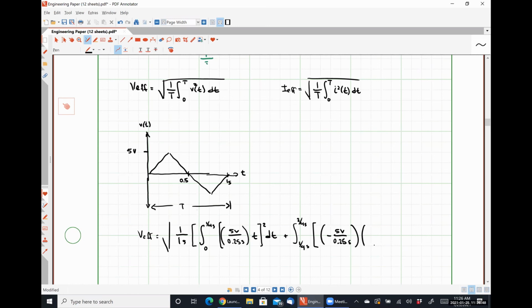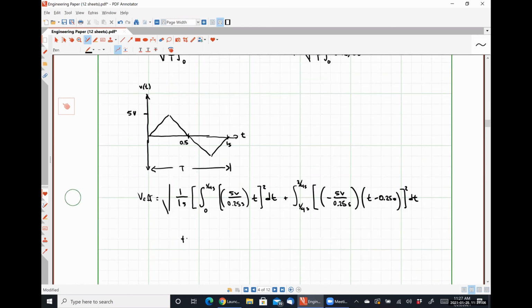It's time shifted by 1/4 of a second in the right direction, so that's going to be t minus 0.25 seconds. Square this whole thing, dt.